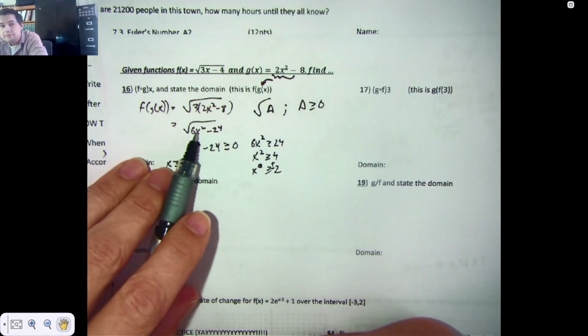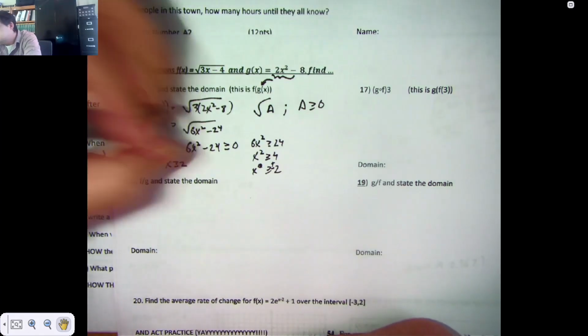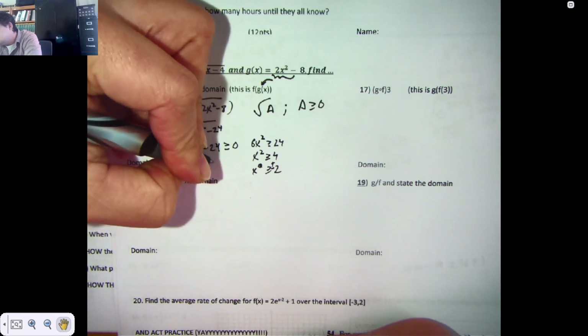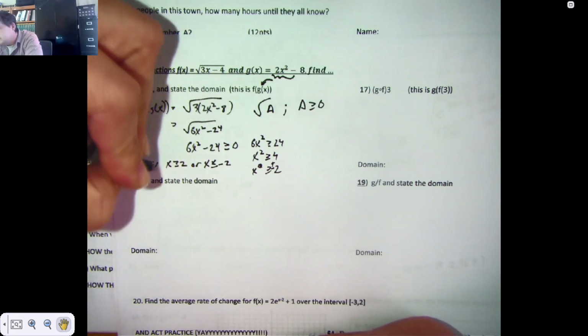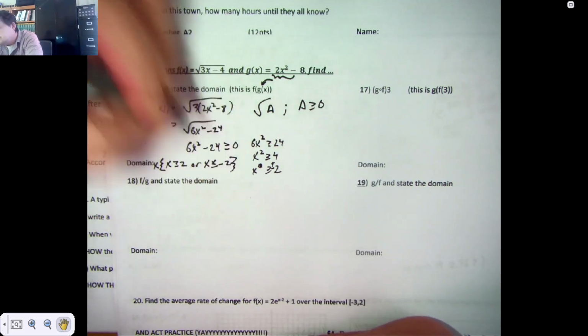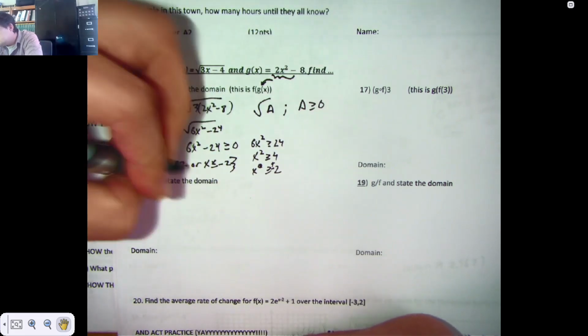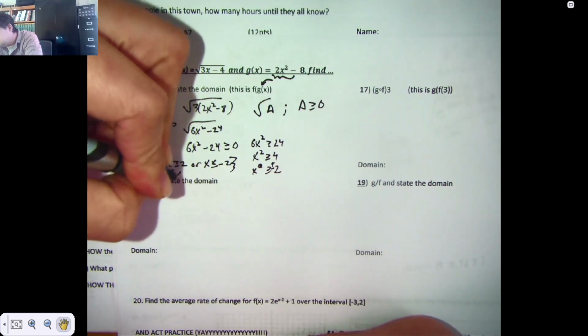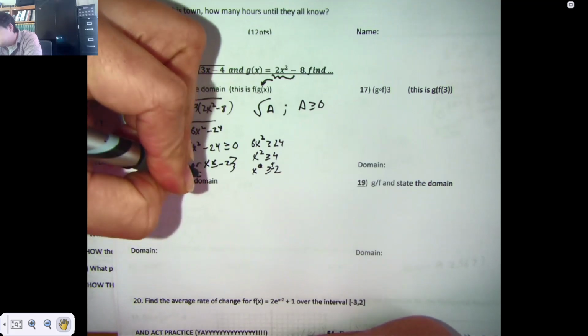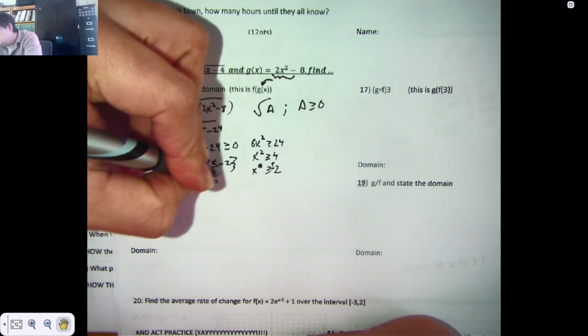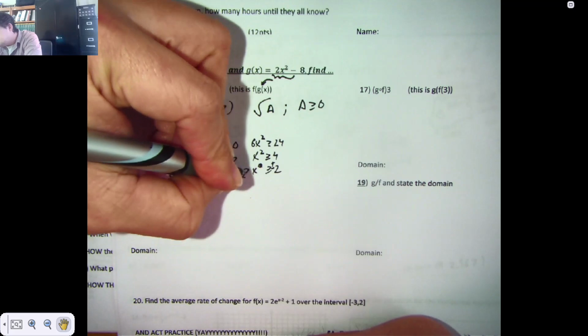Now, if I did the same thing with a -3, it'd still be doable. Or x is less than or equal to -2. There's my domain. Whoops, I'm screwing things up. Curly braces, all values of x such that x is greater than or equal to 2 or x is less than or equal to -2.